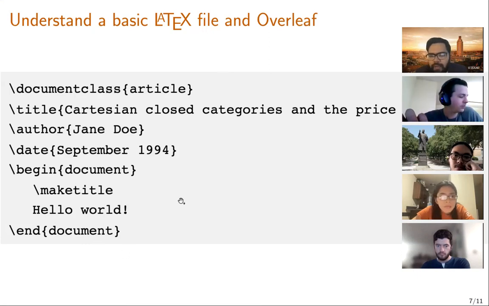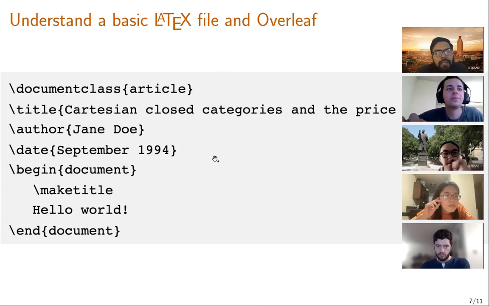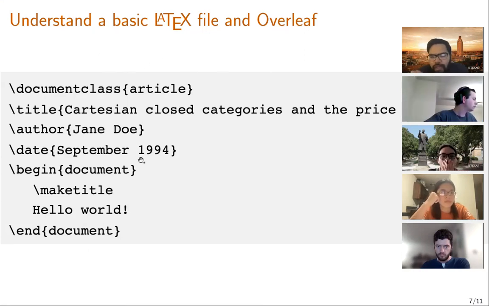That's what you get when you start with a blank project. A LaTeX file ends with .tex, T-E-X, and it's basically a text file. So you can see it's like code, but it's very easy to understand if you go through it.